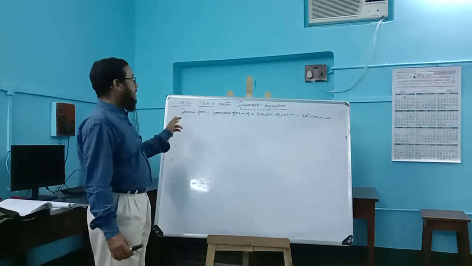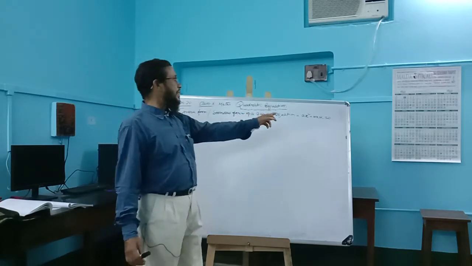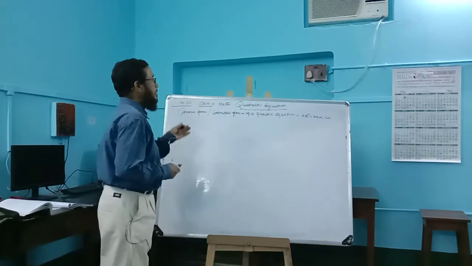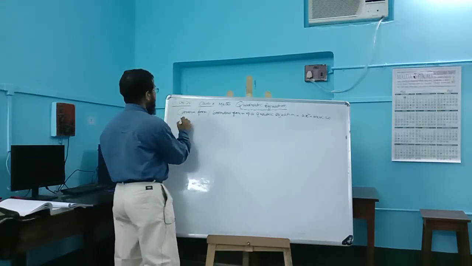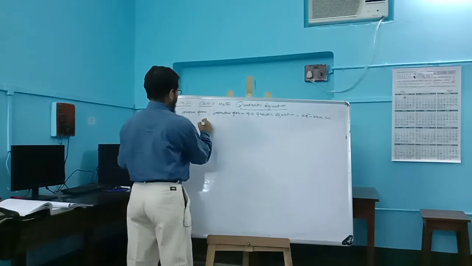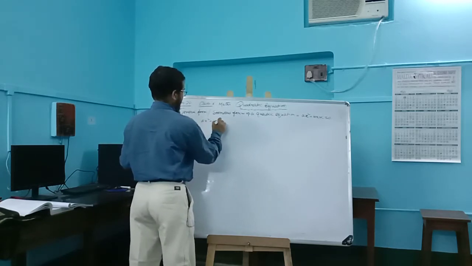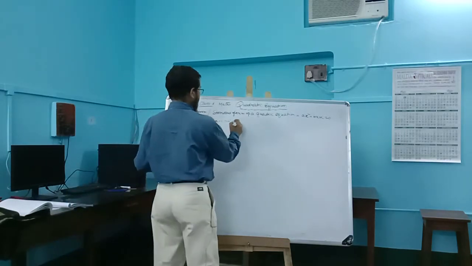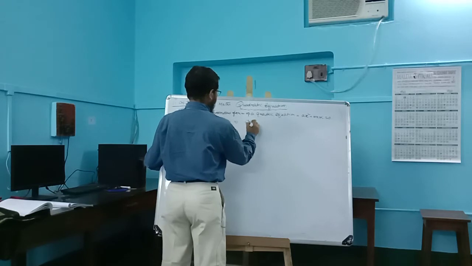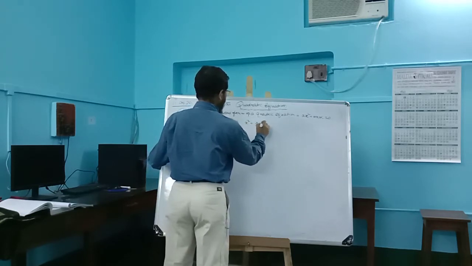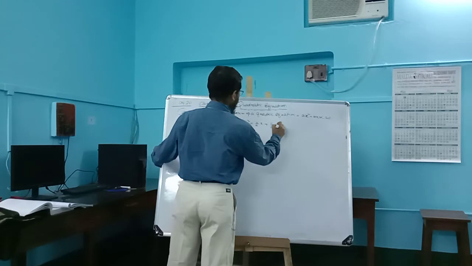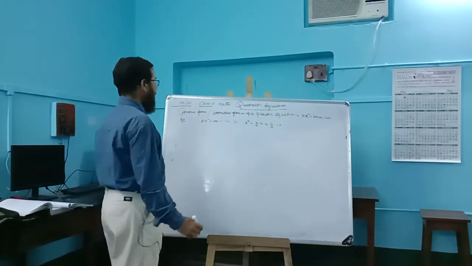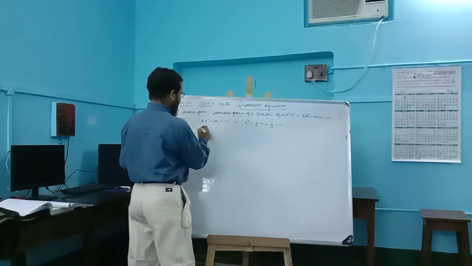Let us start. General equation of quadratic equation ax square plus bx plus c. How will it solve? Solution. Ax square plus bx plus c equal to 0. This implies x square plus b by a x plus c by a equal to 0, dividing both sides by a, coefficient of x square.